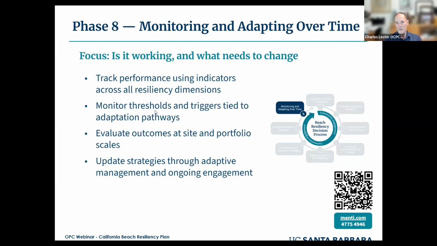What are the thresholds and triggers that might be driving your adaptation pathways, evaluating outcomes, both individual sites and across your portfolio, and then updating your strategy through time. So it's an ongoing management process and engagement process.